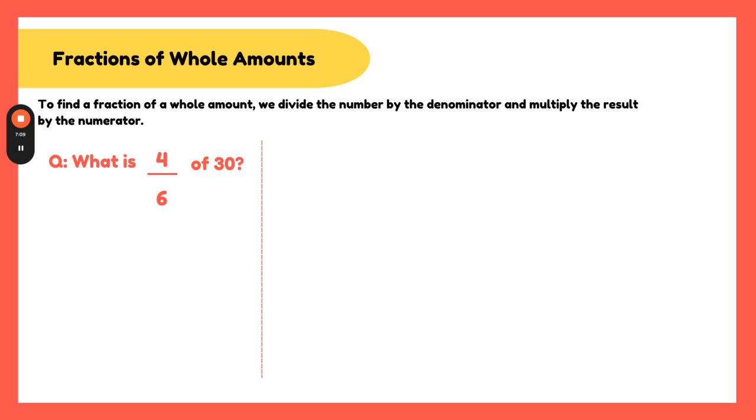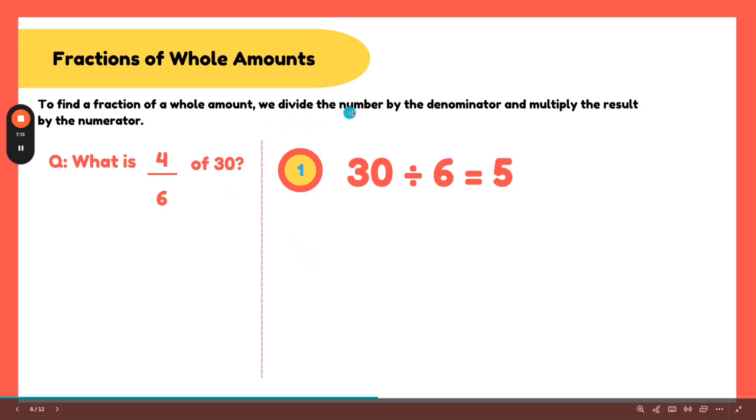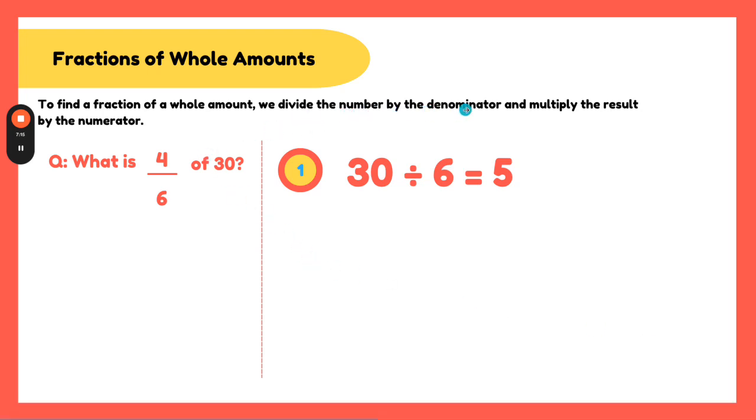Following the steps we just talked about, we divide the number by the denominator and then multiply the result by the numerator. So 30 is the whole amount. We divide 30 by 6, which is 5.